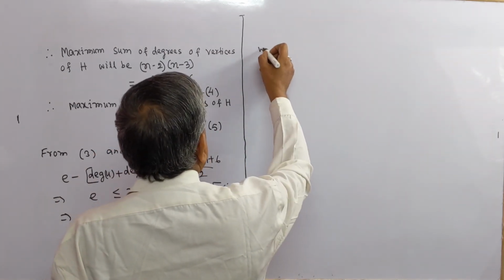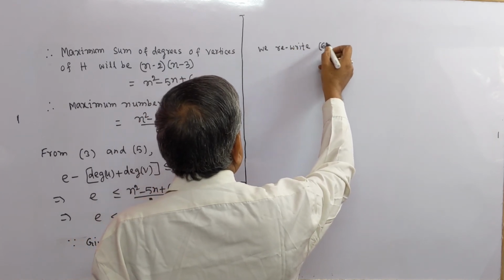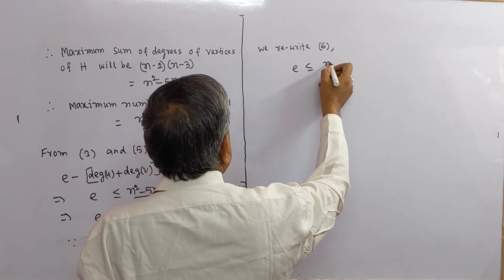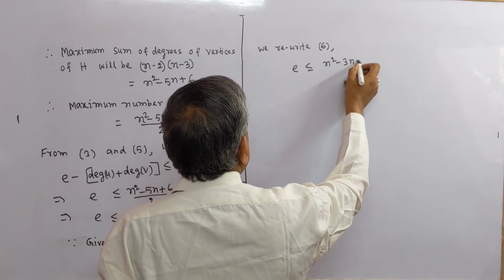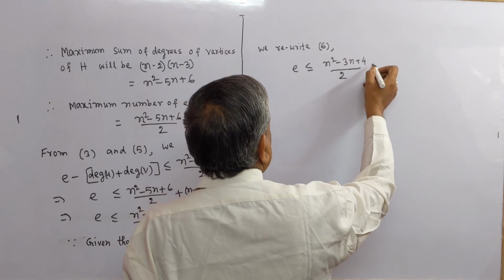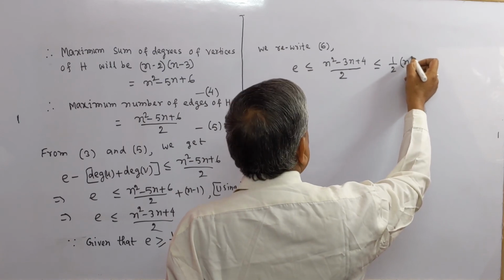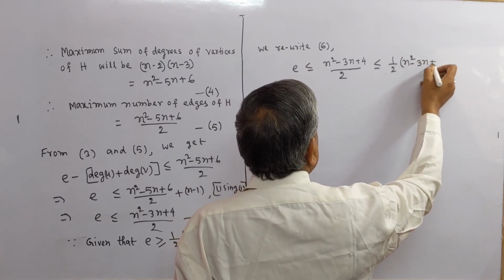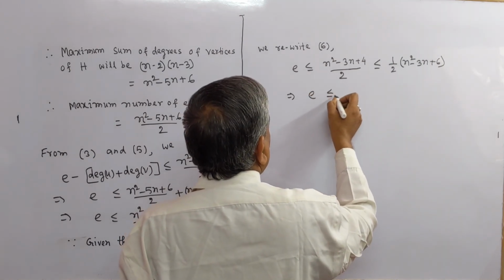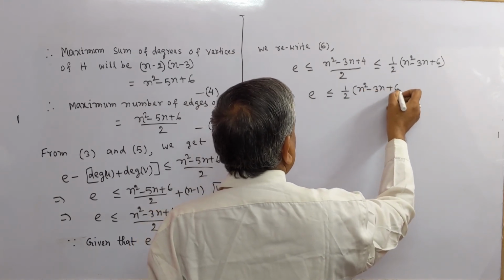We rewrite 6: E less than or equal to n square minus 3n plus 4 by 2, which is less than half n square minus 3n plus 6, which implies that E is less than half n square minus 3n plus 6.